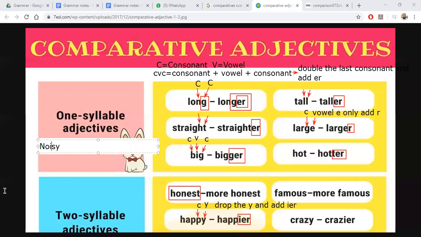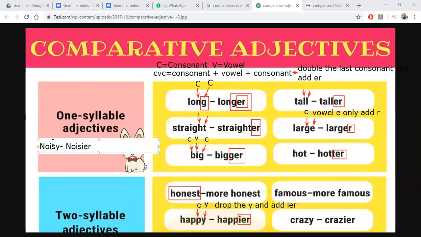What is the comparative? Alan said more noisy. Lewander said noisier. Maria said noisier. Idelme said noisier. Chris said noisier. All right, very good. The comparative of noisy is noisier.